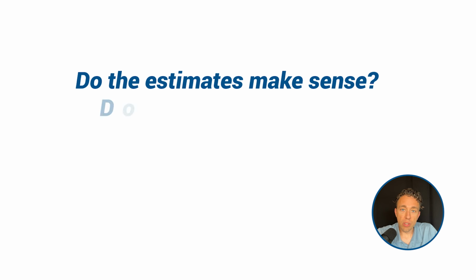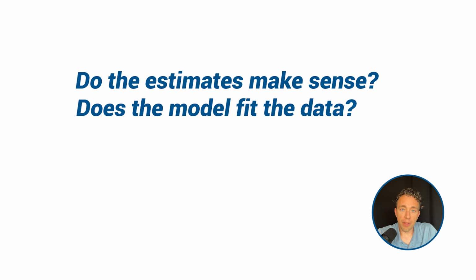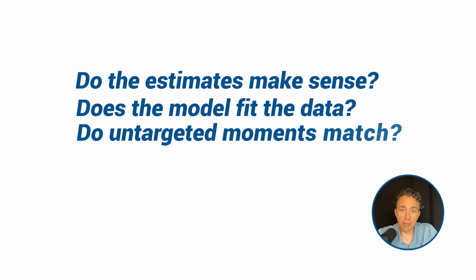We can also use the model to generate data, and then we can compare the generated data with the actual data that we gave the model and see if the data matches on average or at different parts of the distribution. Typically, we would focus on the moments that we used in estimation when doing this comparison, but we could also focus on moments of the data that we didn't use in estimation. And the latter we would call the model fit on the untargeted moments.